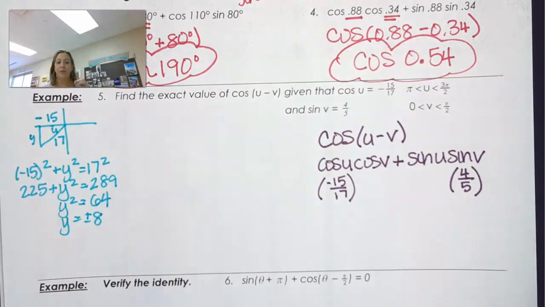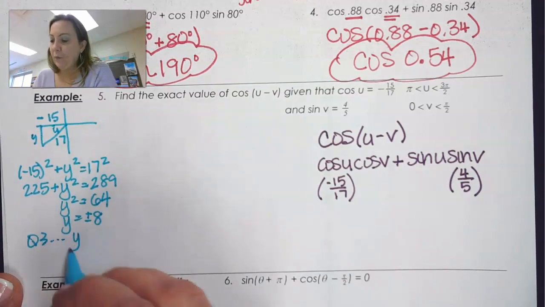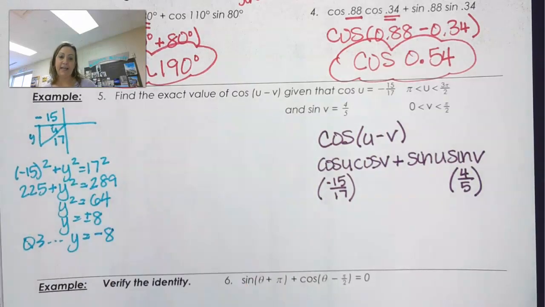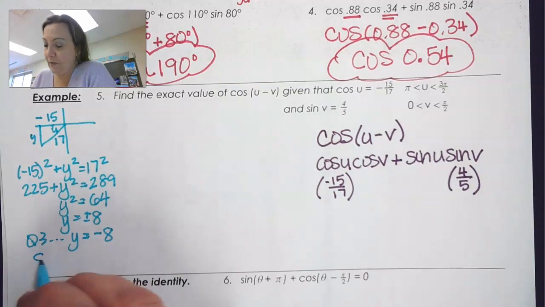But in quadrant 3, let's think what has to happen. In quadrant 3, the y value has to be negative, so y is negative 8. The reason we needed to know that is because we needed to find the sine of u to help us in our formula.